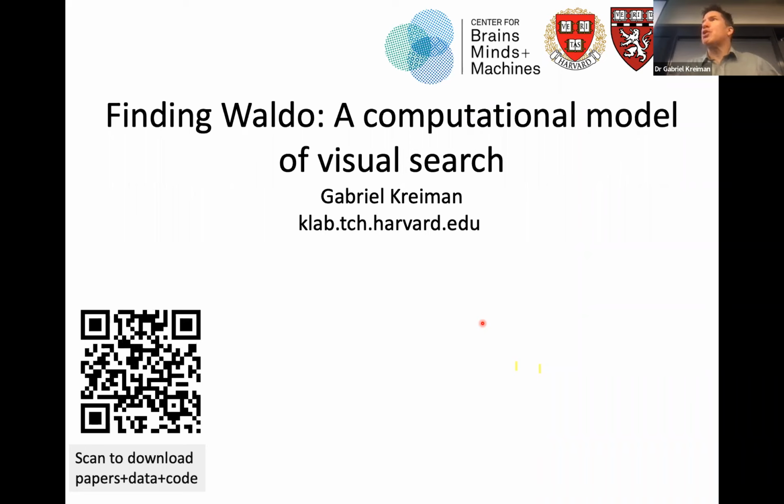This could be searching for your car keys, searching for a particular icon on your phone or your computer, searching for a friend in a crowd, etc. And I'll talk a little bit about what happens inside the brain when people are doing visual search. I'll talk about some behavioral experiments, and specifically, I will also discuss a family of computational models that I think can provide a first-order approximation to different aspects of visual search.